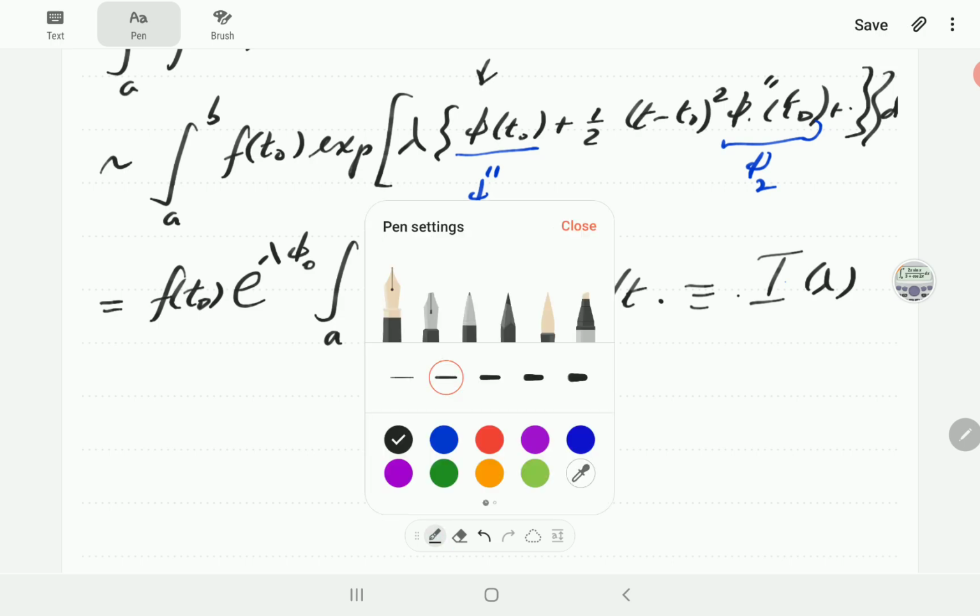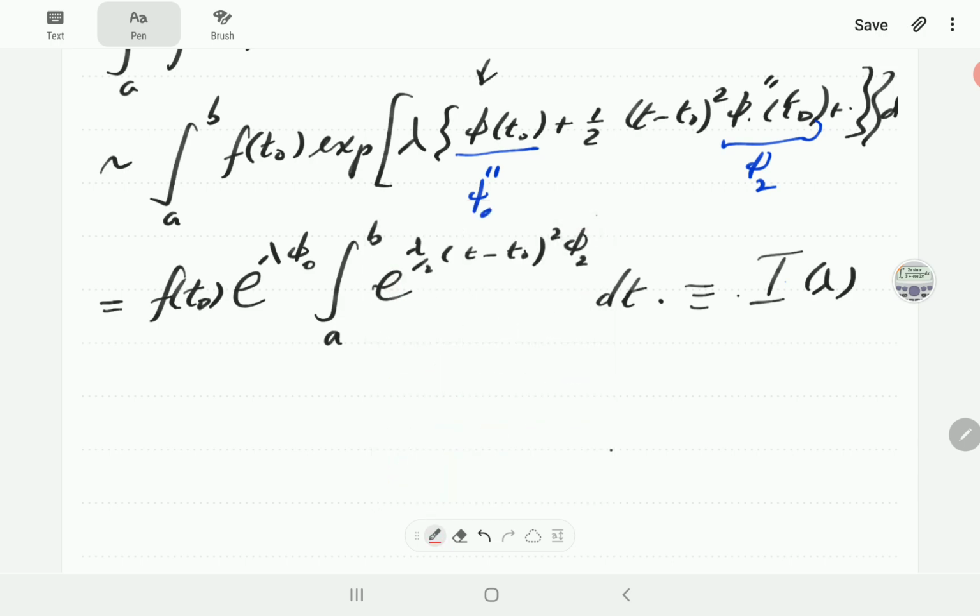So what we want to do is we're going to let u be equal to negative lambda over 2 (t minus t naught) squared phi 2, which means this whole thing is now a positive term.